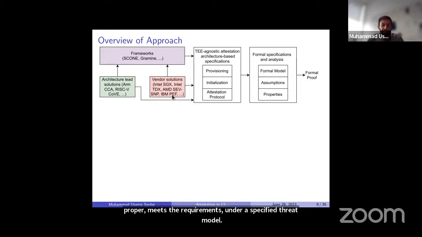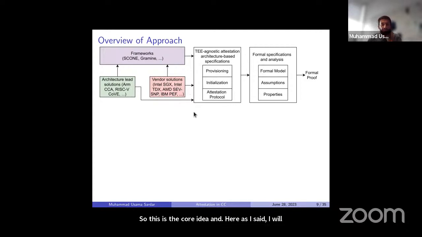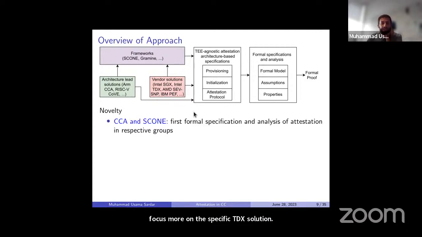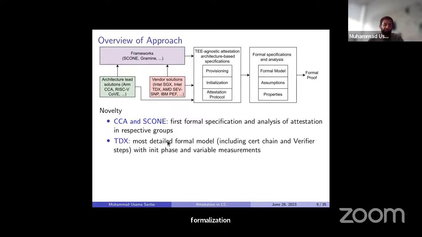And here, as I said, I will focus more on the specific TDX solution. The novelty of this work is that for this category of CCA and SCONE, there is no existing formalization before, so it's the first formalization effort. For TDX, we had a previous work in IEEE Access a couple of years ago, and we have now refined it and added a lot of details which have become available in the two years.